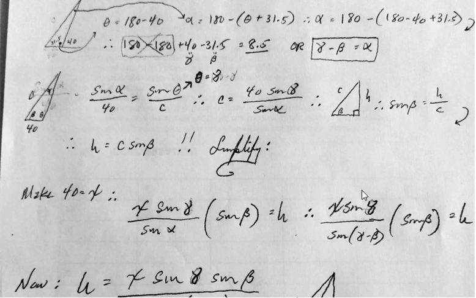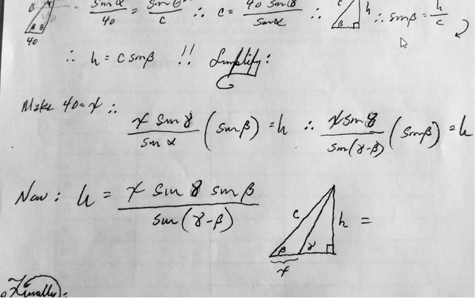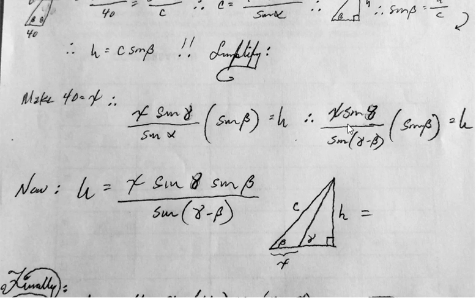If you remember up here, I said alpha is equal to gamma minus beta. So now we take X sine gamma over the sine of alpha, which is gamma minus beta, and multiply that by sine beta, and that'll give us H.